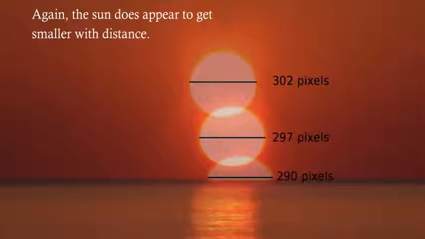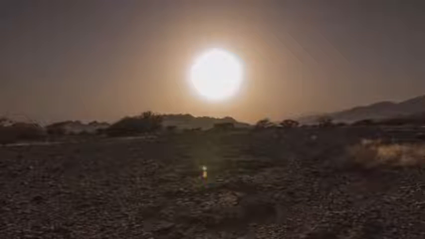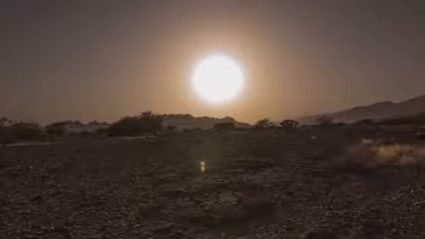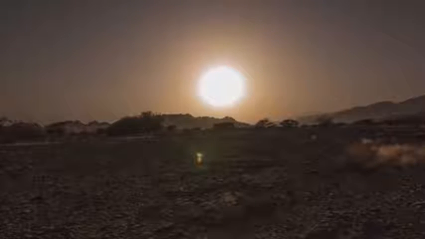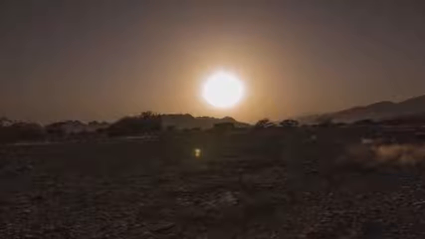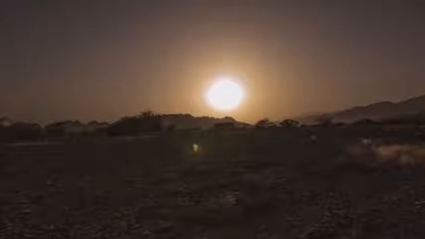In this case from 302 pixels to 290. And then of course there's this video right here, which apparently was shot in the desert, where there's going to be a lot less moisture, and so whenever there's less moisture you're going to obviously have less refraction and magnification. You don't get to pick the anomalies that seem to agree with your views and ignore the common observations that don't, and still call yourself an honest investigator.